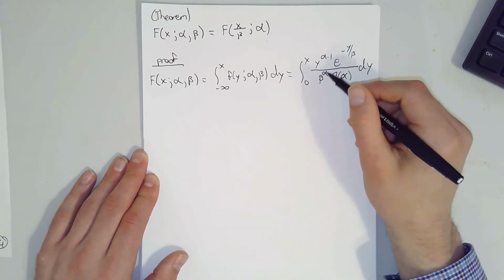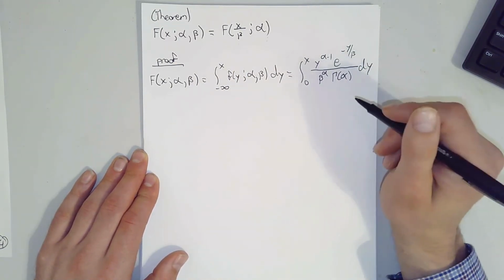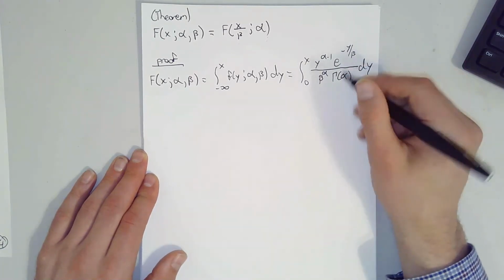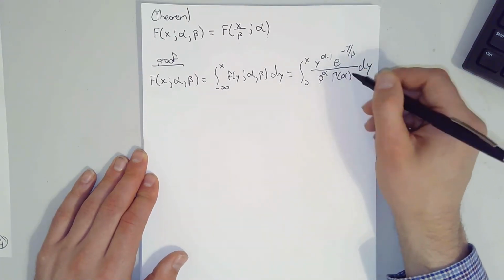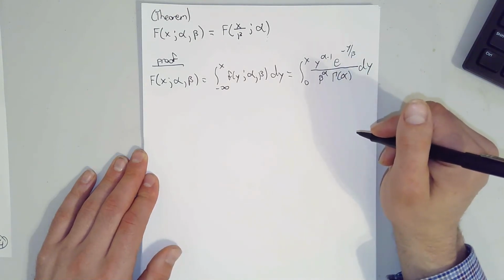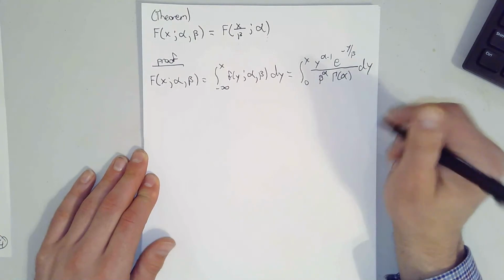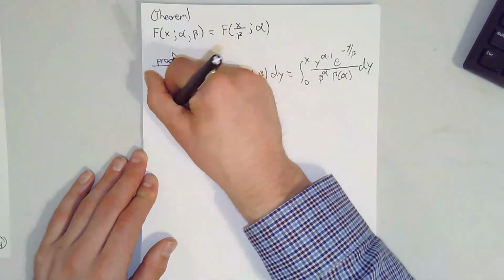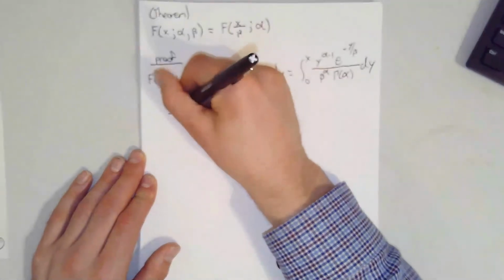We're going to group alpha minus one of the betas with the y's and the remaining beta with the dy. And we're actually just going to leave gamma of alpha sitting inside there. So it looks like the following.